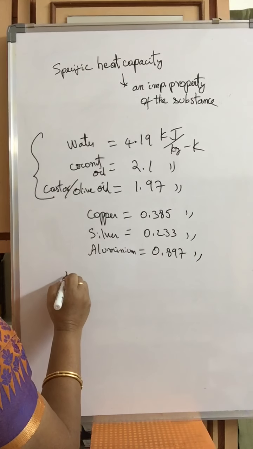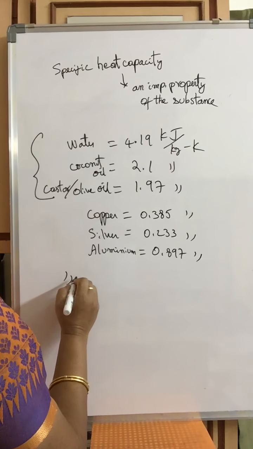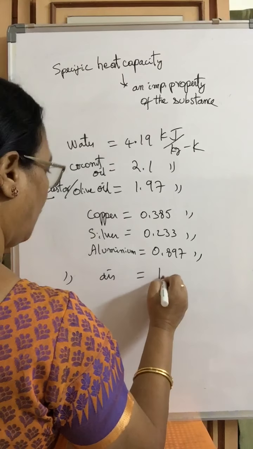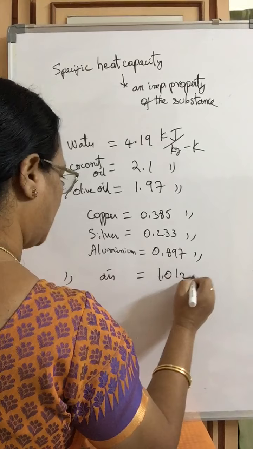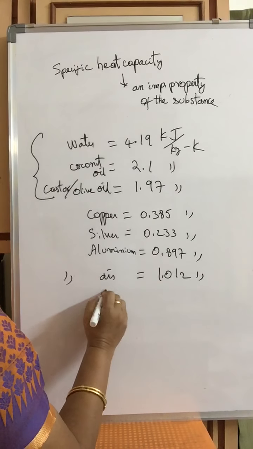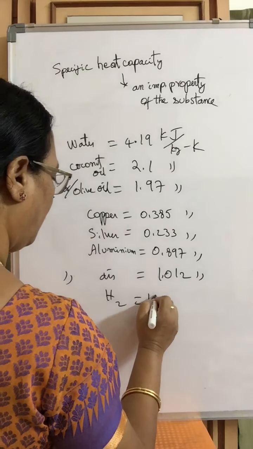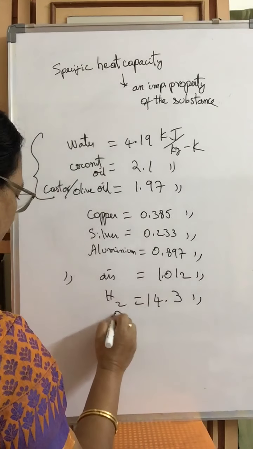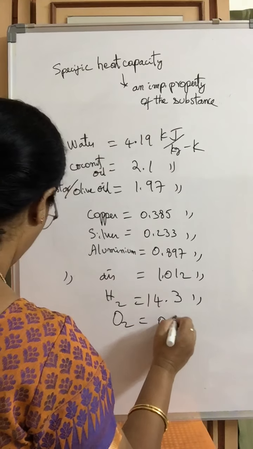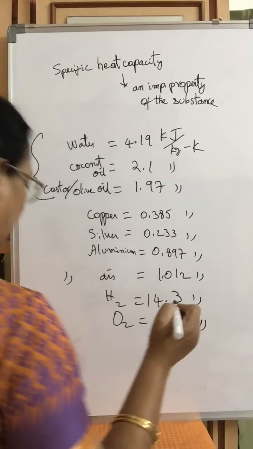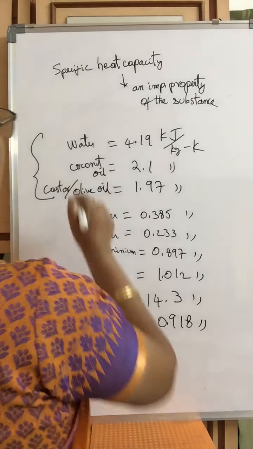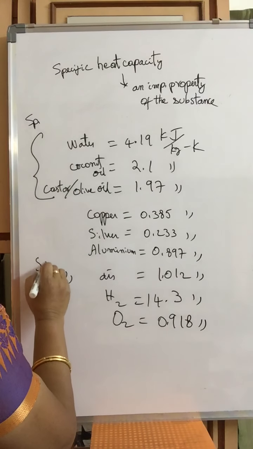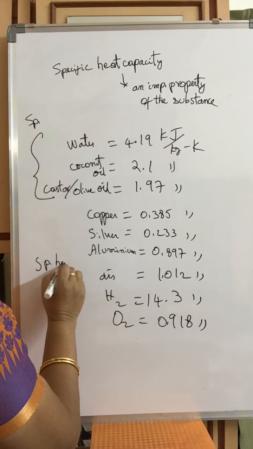Also the specific heat capacity of air is 1.012, hydrogen 14.3, and oxygen 0.918. So these are specific heat capacities of different materials.